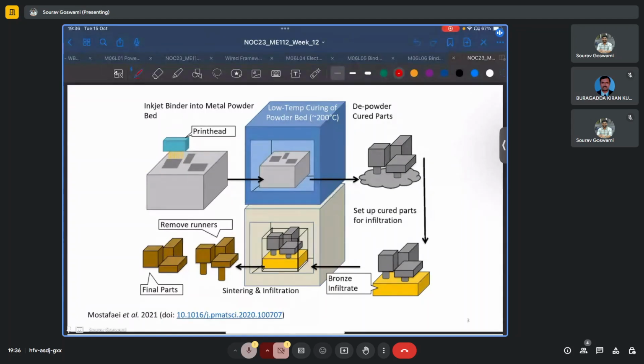So the first step, as we just discussed for so long, is how the print head selectively dispenses this ink onto the powder bed, as shown in this step here. Then the entire part can be sent into a furnace for low temperature curing at approximately 200 degrees Celsius.